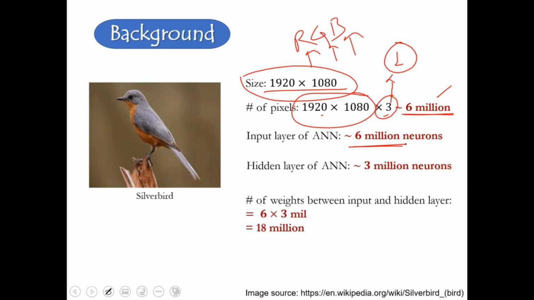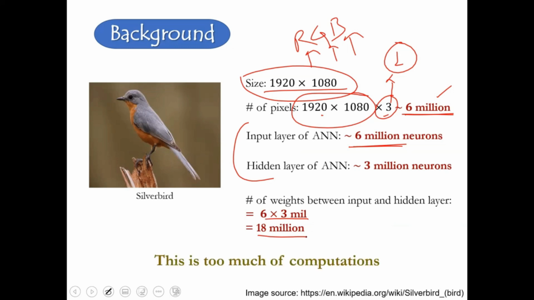So for a single hidden layer, we will have 6 into 3, that is 18 million weights, or 18 million interactions between the input and the hidden layer. As we know, in ANNs or MLPs, all the neurons are connected to the next layer, that is the hidden layer, right?